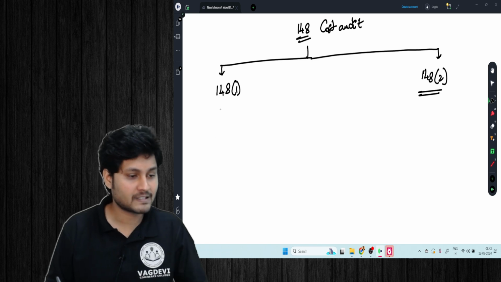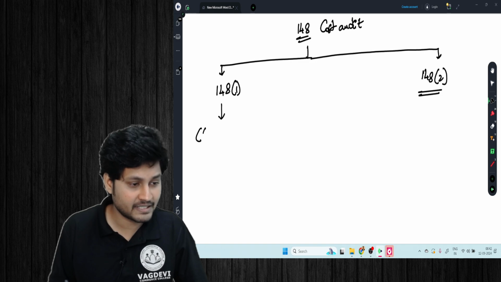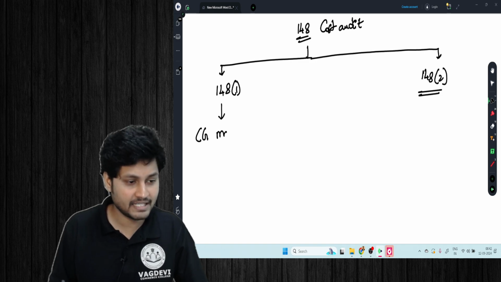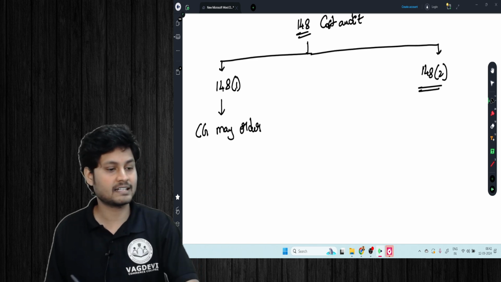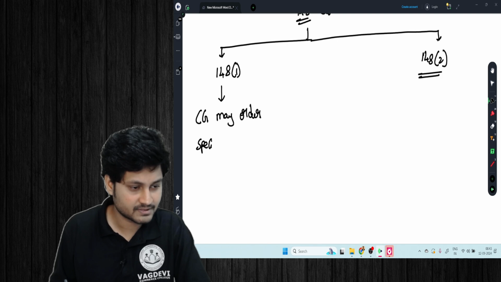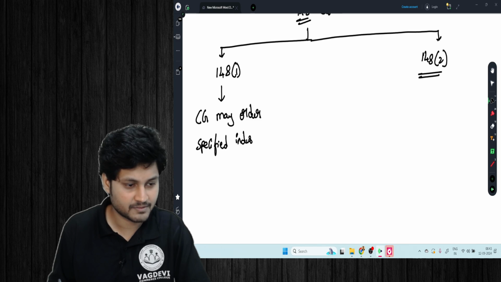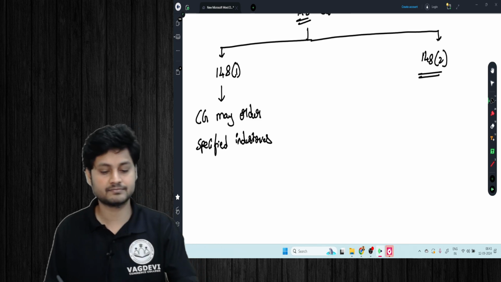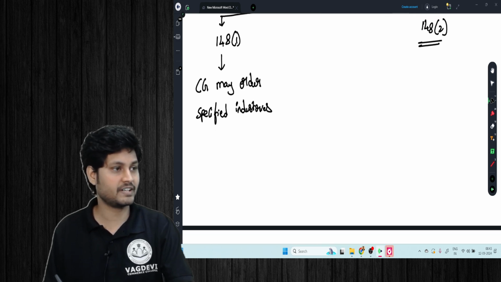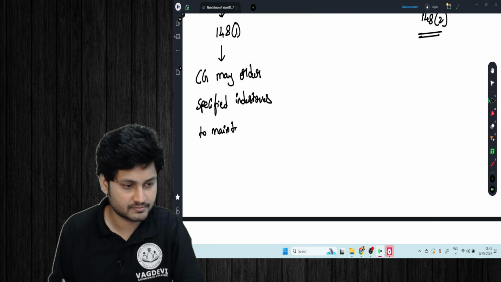Subsection 1, what is said? Central government may order specified industries, right or not? Specified industries to maintain what?